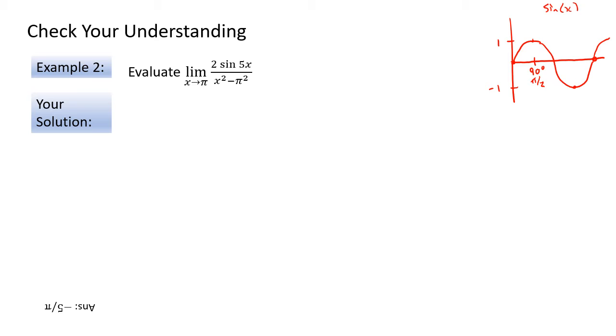which means at the next piece, that's 180 degrees, that's going to be pi. At that point it equals 0. Then at the next point, it'll be 3 pi by 2, or 270 degrees.